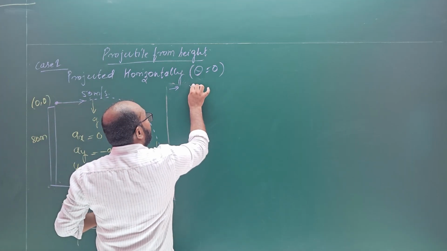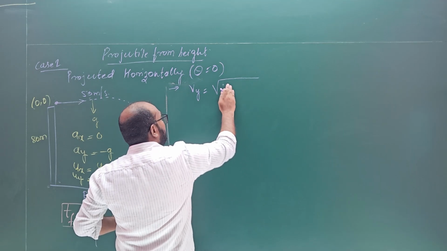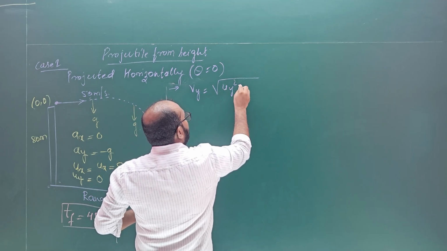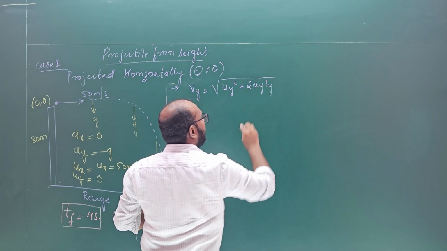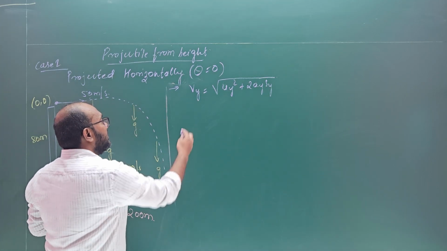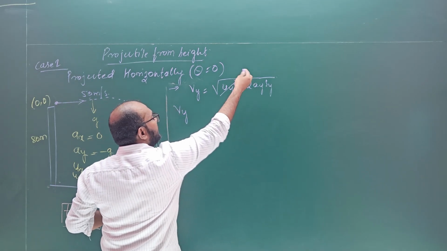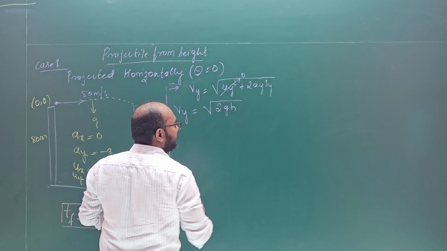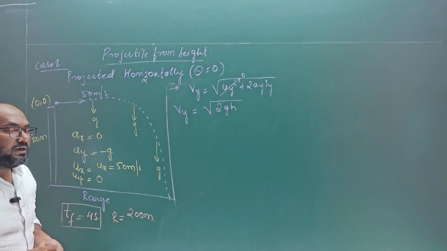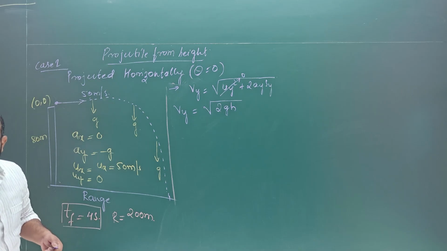So can I say that Vy is nothing but under the root of uy square plus 2ay sy? Then substituting the values, this becomes 0 again. If this becomes 0, what is left out is under the root of 2gh.